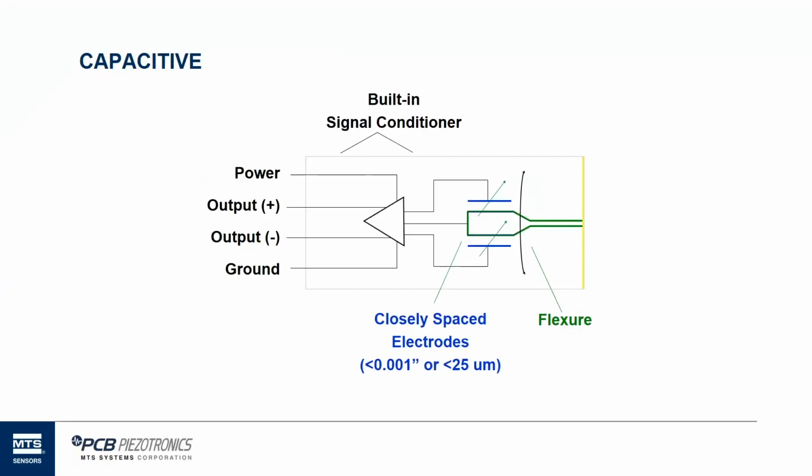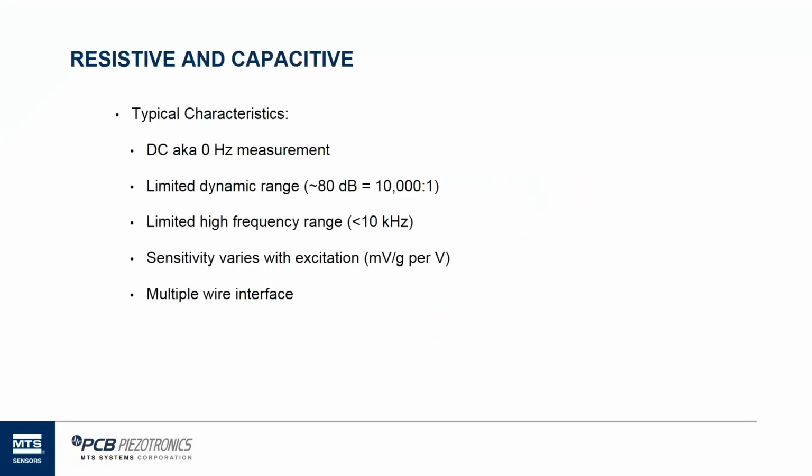And then finally, what we'll talk about is the characteristics of both the resistive and capacitive. They have similarities when we talk about the spec sheet that you'll get from an accelerometer manufacturer. And the first one is really the most unique, is that it has the ability to measure DC. And DC is an electrical term, but in mechanical vibration terms, it's 0 hertz acceleration, which is another way to say gravity.